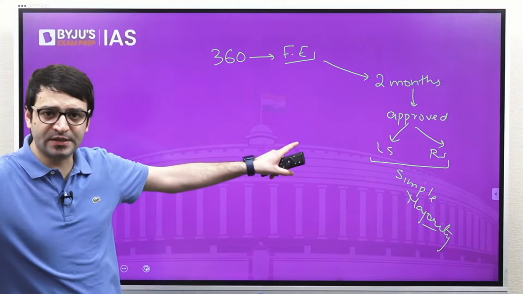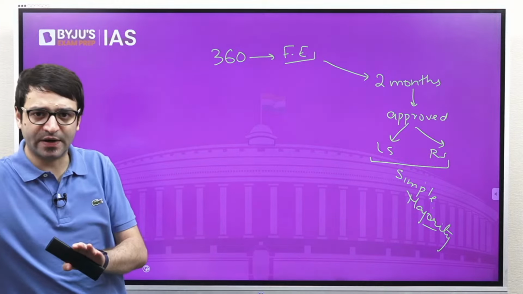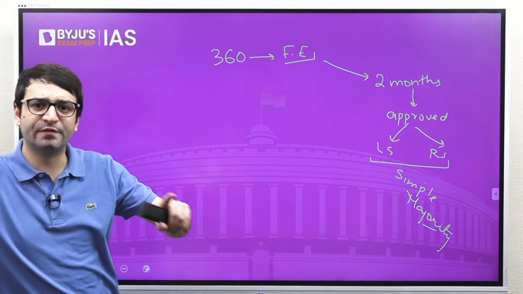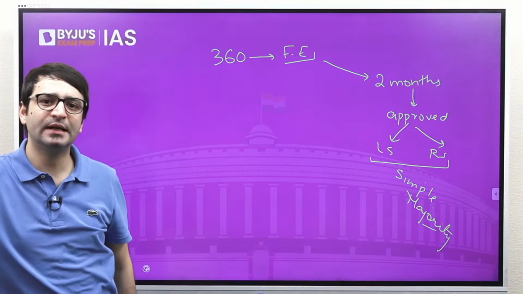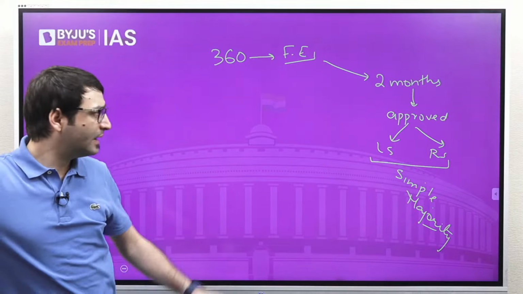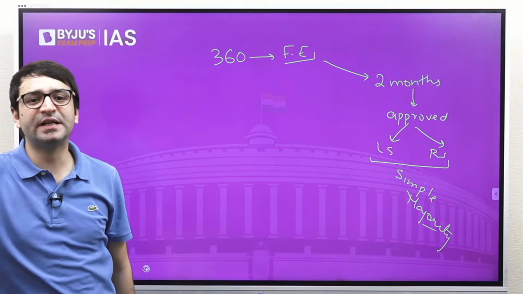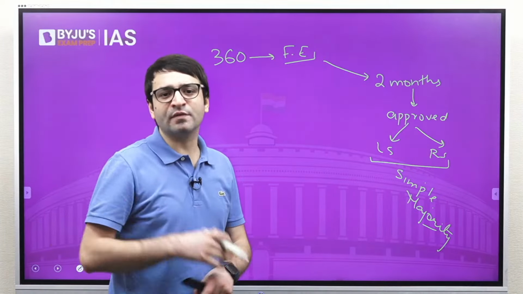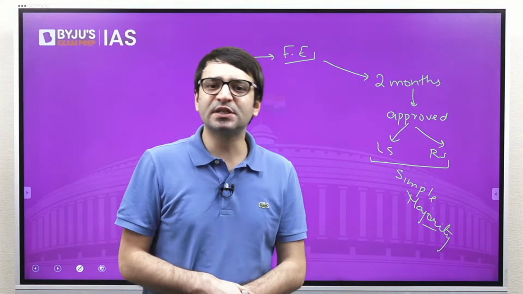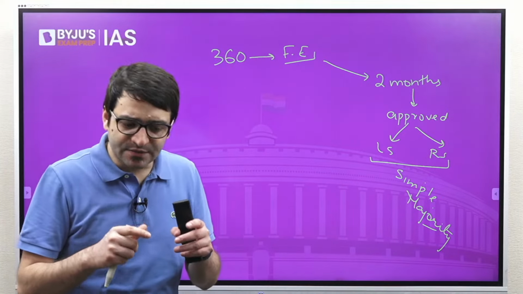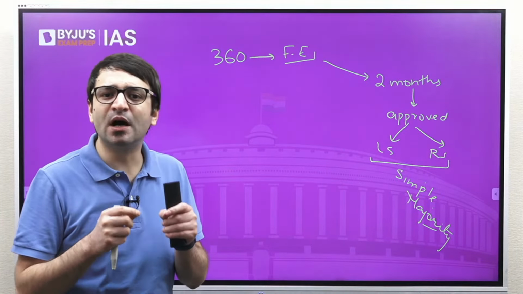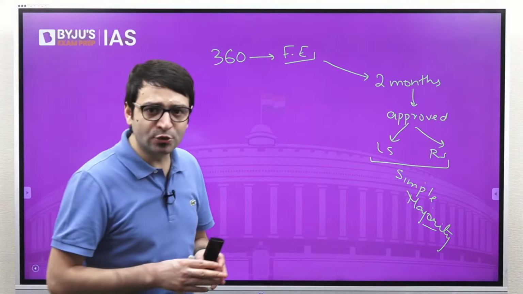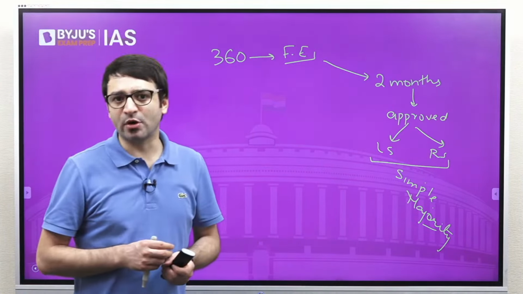Under Article 360, if the president is satisfied that there is a grave danger or threat to the credit, to the financial stability of the nation or the territory of India, then the president can impose financial emergency. And once the president, on the advice of the central government, imposes financial emergency, this financial emergency shall have to be approved by both houses of the parliament within 2 months, that too by simple majority.